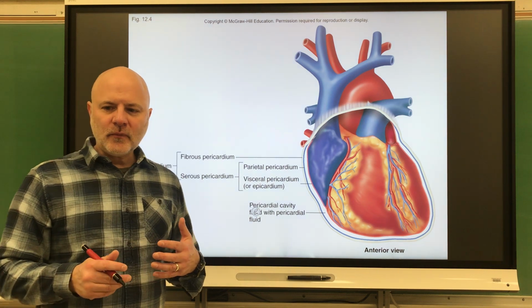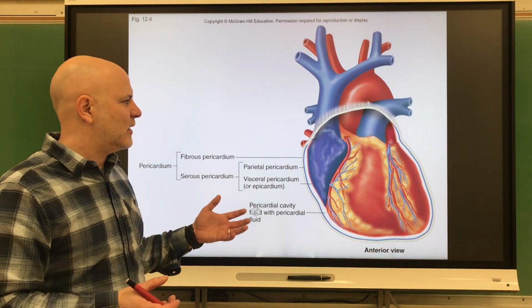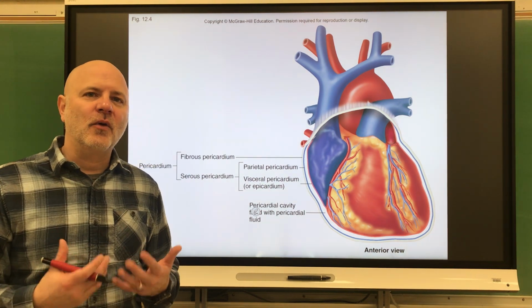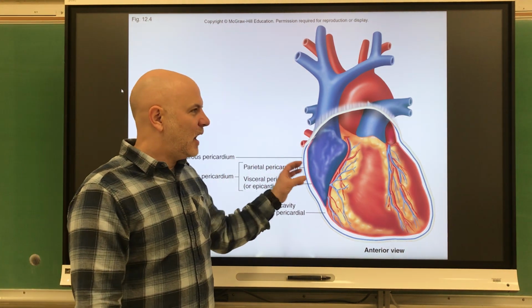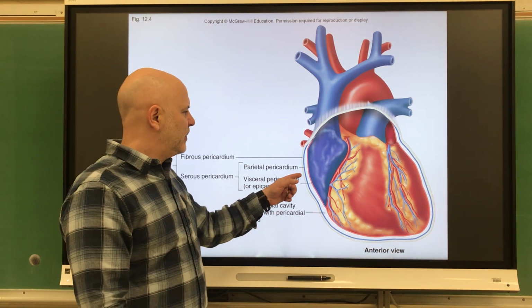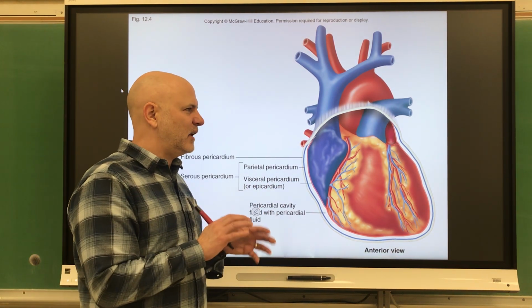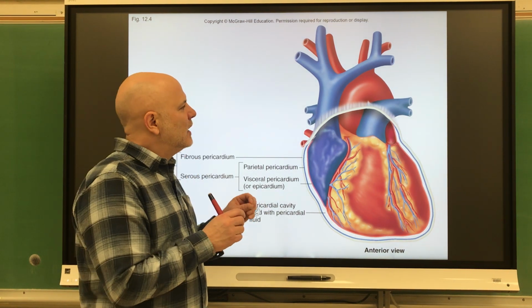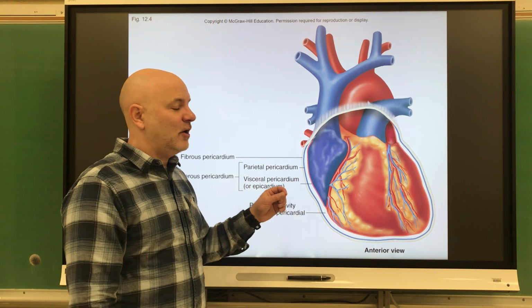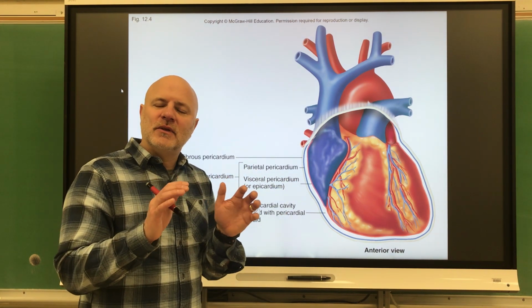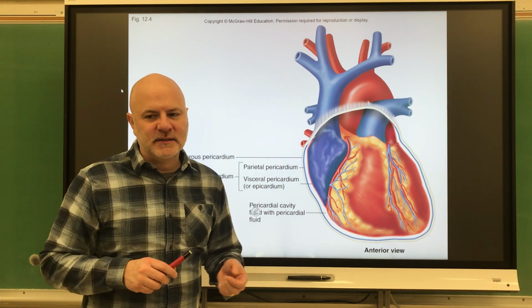And so one of the main functions here is it protects the heart. So anytime we have a tough fibrous connective tissue covering around an organ, it's going to actually prevent infections from getting to that organ. All right. It also, because it is made of tough fibrous connective tissue, it's not really stretchable at all. And so this actually helps prevent the overfilling of the heart. So the heart can only expand to the fibrous pericardium, and then it has to stop.